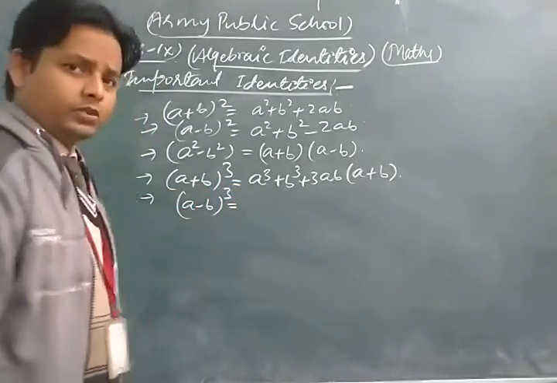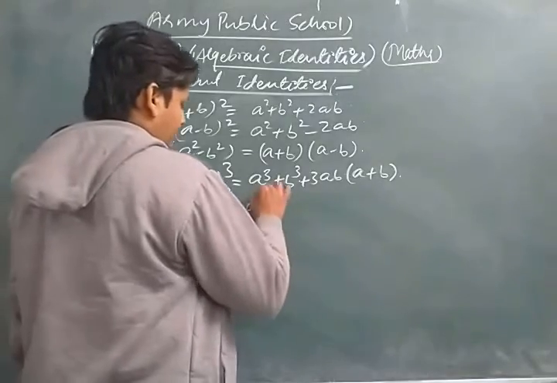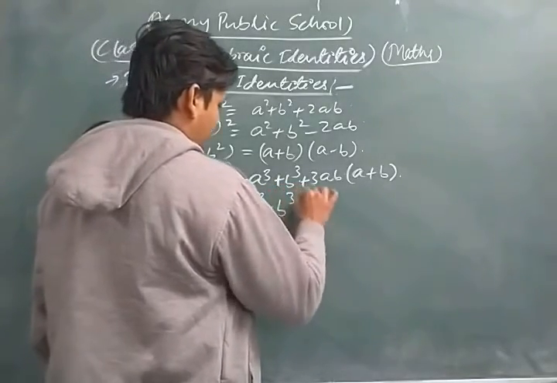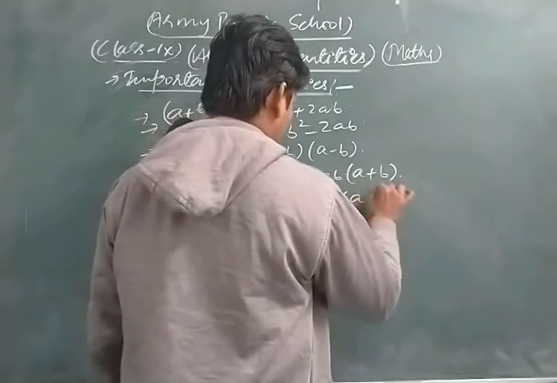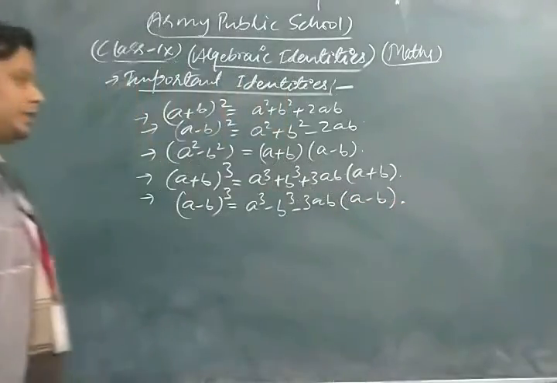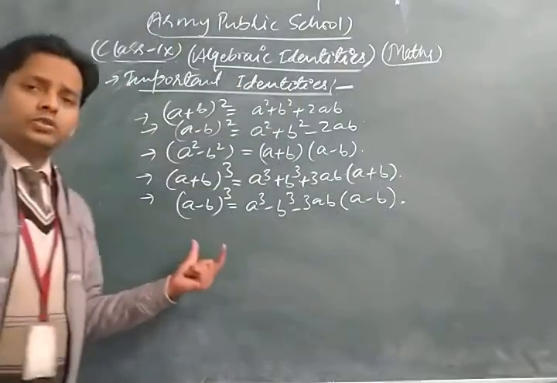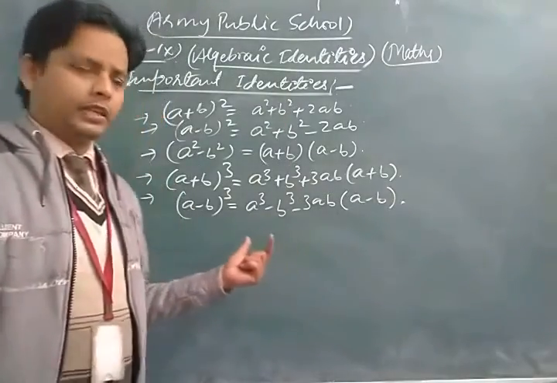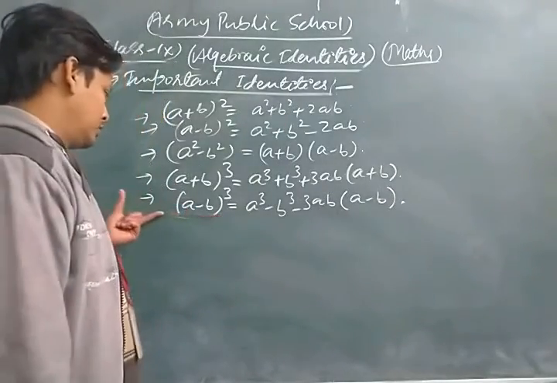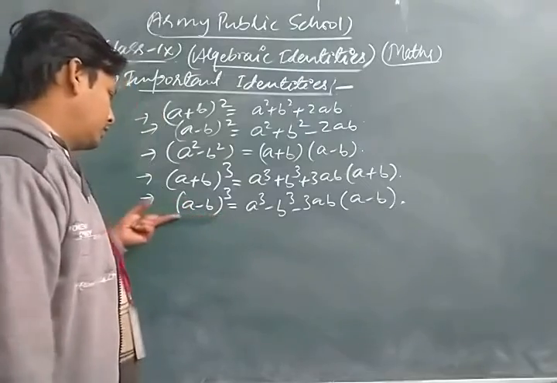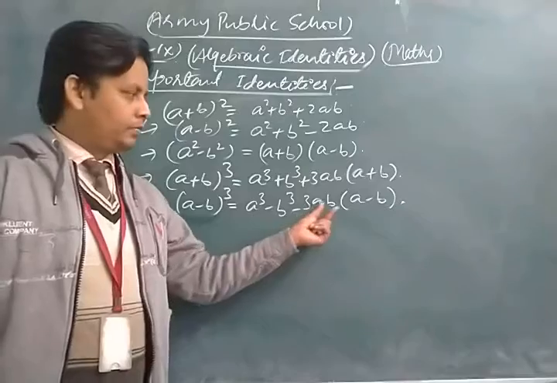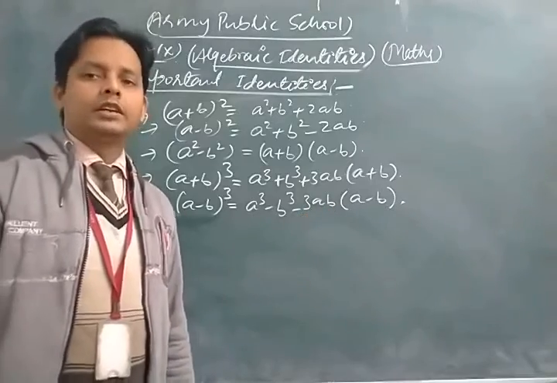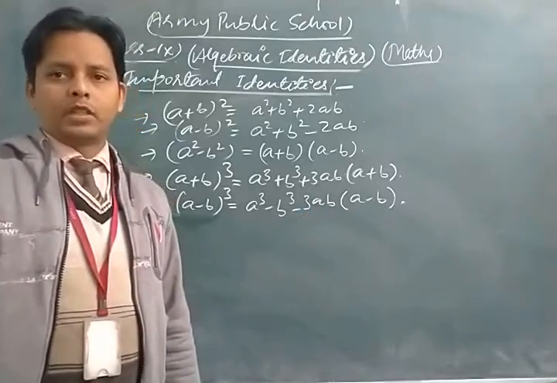A minus B whole cube is A cube minus B cube minus 3AB in bracket A minus B. This is your next very important algebraic identity.